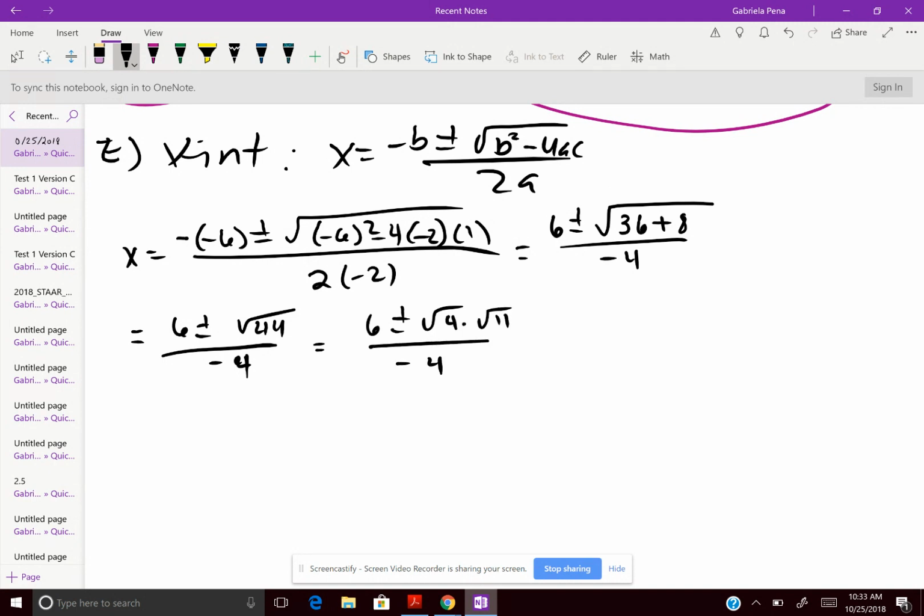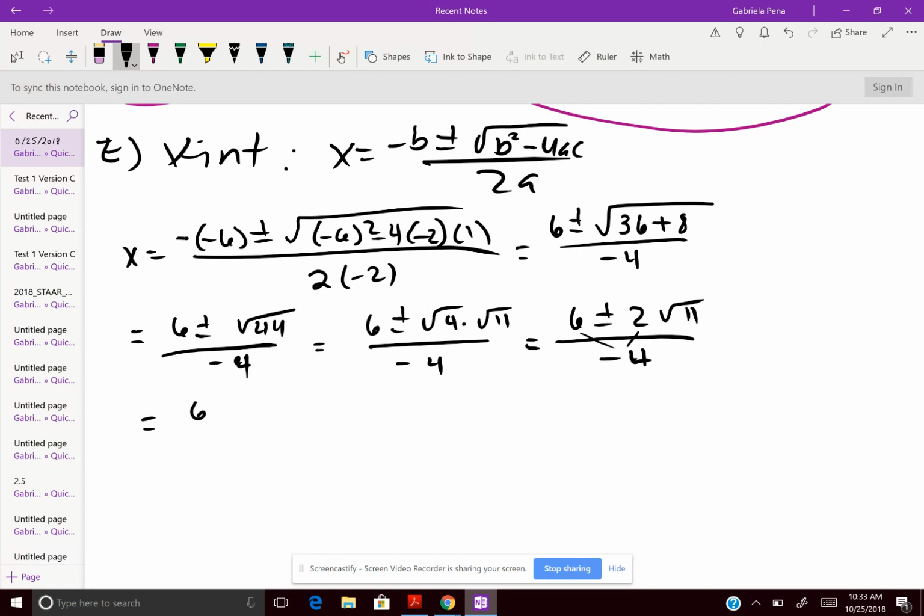But what can we do with that square root of 4? 2 square root of 11 divided by a negative 4. Keep in mind that the negative 4 is for both the 6 and the 2.